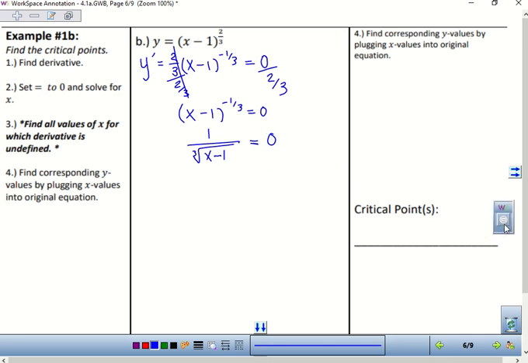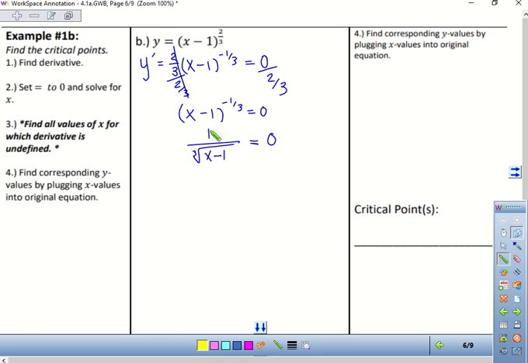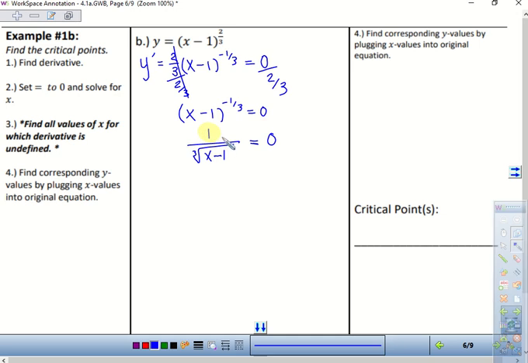Is there ever a case where we can make this numerator become 0? Well, I see where you're going with it, but is there a variable that we can plug in up here that's going to make this? No. See how there's no variable? So that is stuck at 1. Forever. So is it possible for this derivative to ever equal 0? No. So this is no critical points found.